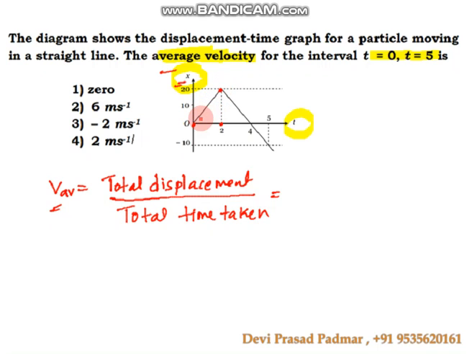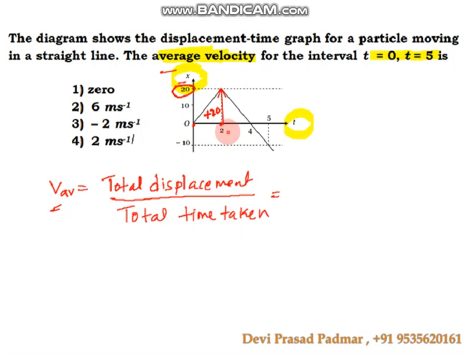That means the displacement within 2 seconds is nothing but this one, from here to here, which is actually 20. Since it is along the positive y axis, we can consider plus 20 as the displacement within 0 to 2 seconds.